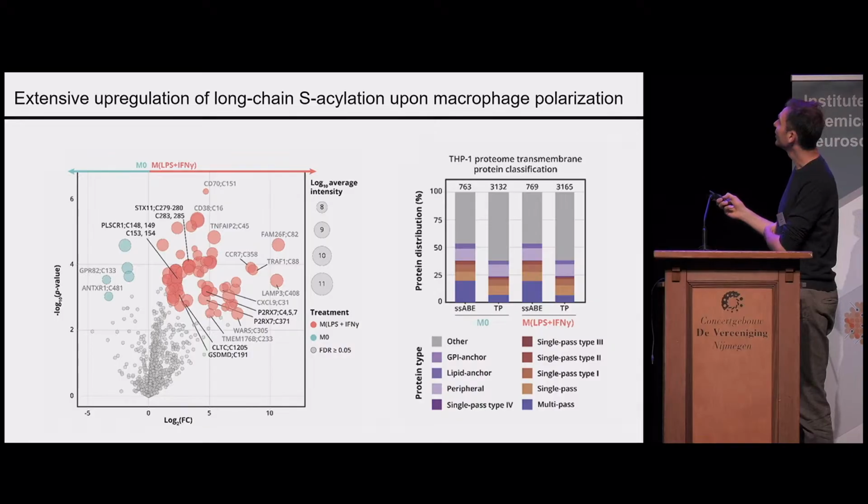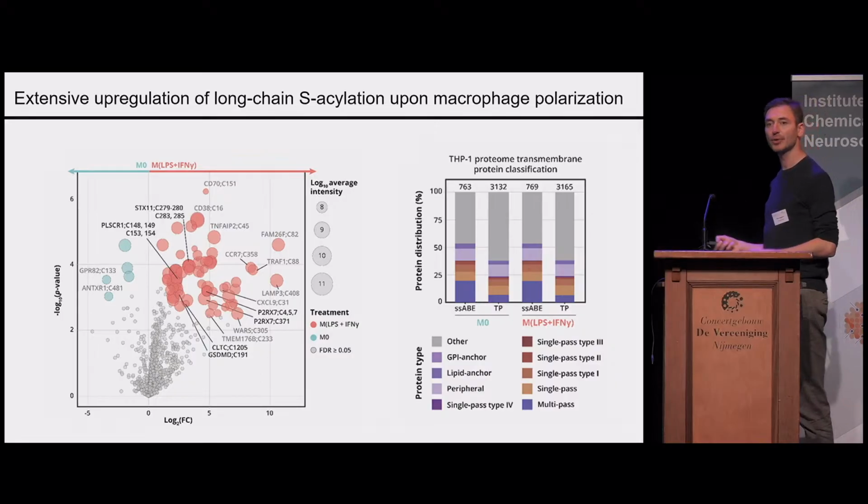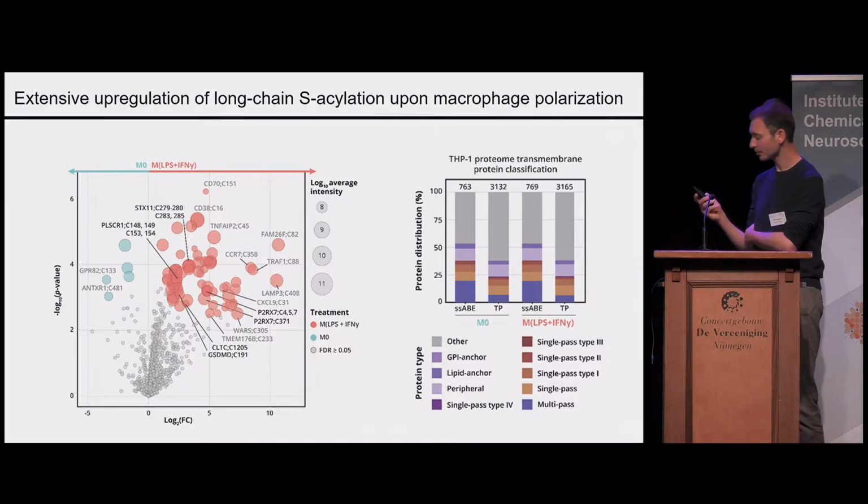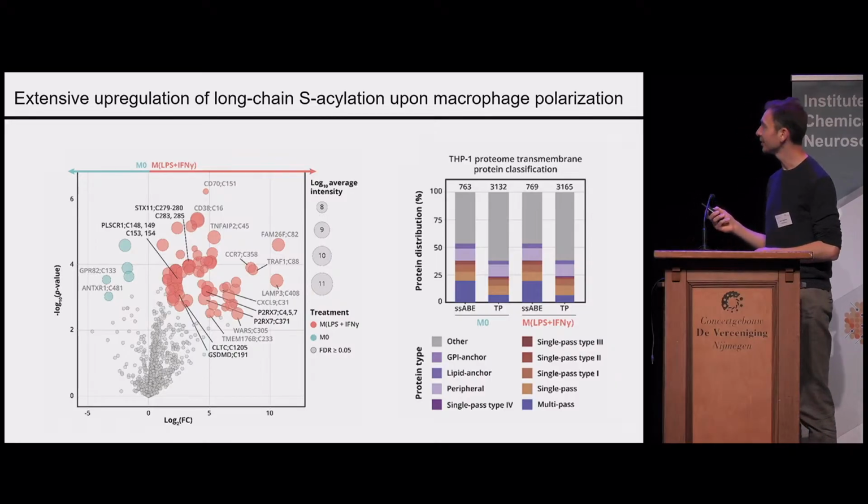One other thing that we observed is that this lipidation was quite dominant in the transmembrane proteins versus the total proteome analysis. And we were looking further at all these individual proteins which can be lipidated.